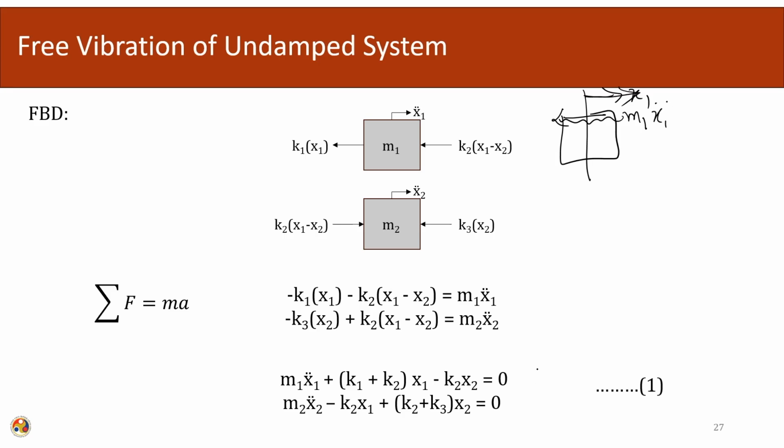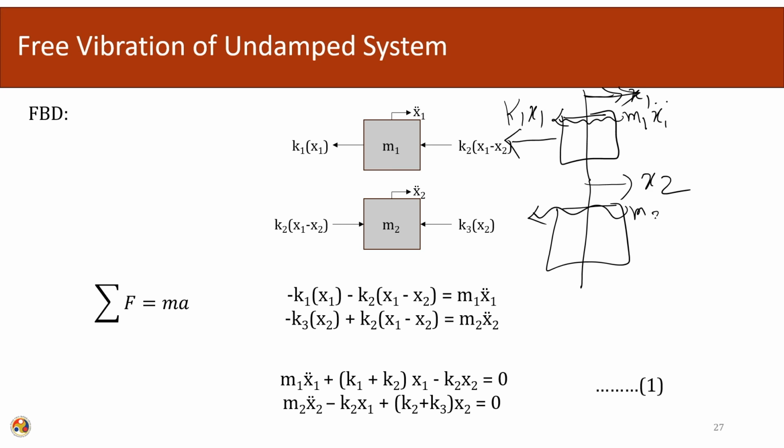If it is moving in the right direction, the stiffness will be applied, that will be k1 x1. Then we write down the second mass, with degree of freedom x2, again a pseudo acceleration will be applied, m2 x2 double dot, and since this one is also moving this way, a stiffness k3 times x2 will be applied.